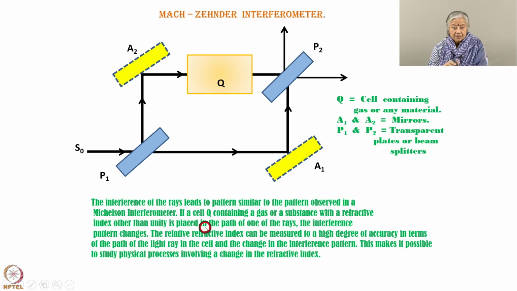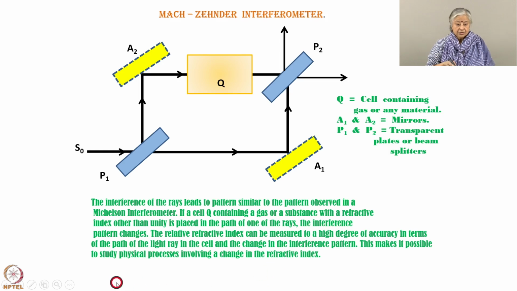If a cell Q containing a gas or a substance with a refractive index other than unity is placed here, then the interference pattern changes. And we want to detect that change of the interference pattern. Otherwise, the rest of the thing is something like a Michelson's interferometer.